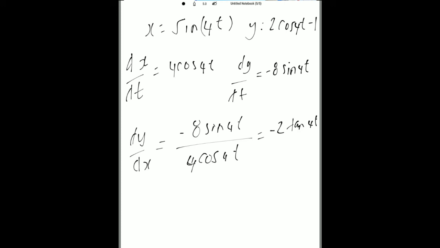But as we say, we don't want dy by dx, we want d squared y by dx squared. So let's find that. d squared y by dx squared, as we said, is equal to the derivative of dy by dx with respect to t, divided by dx by dt.